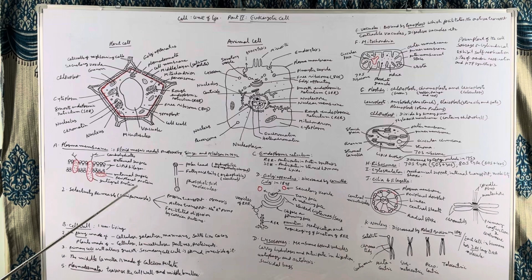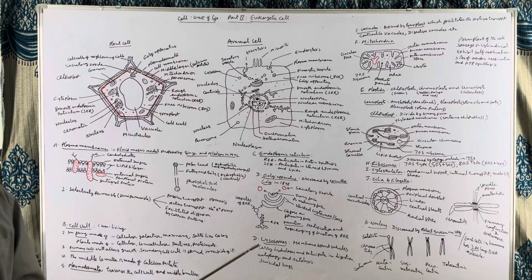Then the plasma membrane exhibits three types of transport. Passive transport, it occurs through osmosis. Water moves from higher potential to lower potential. Then active transport, it involves expenditure of energy. Sodium potassium pump is a good example of active transport.